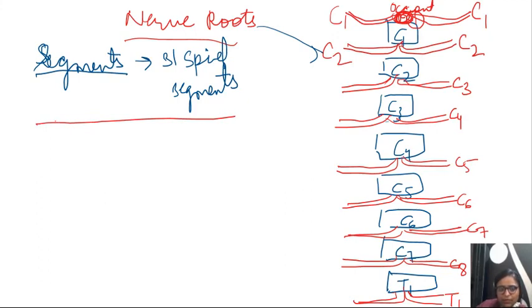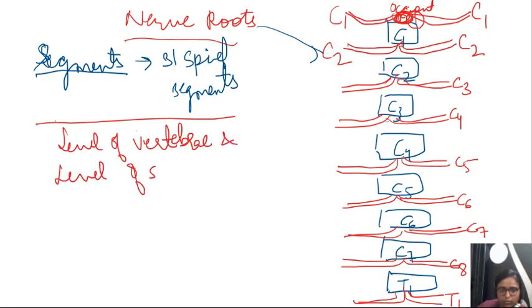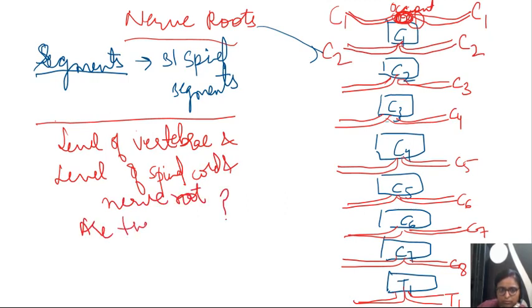If we see the level of the vertebra and the level of the spinal cord, are they the same? Tell me. Pause the video, think about it and then see the answer.